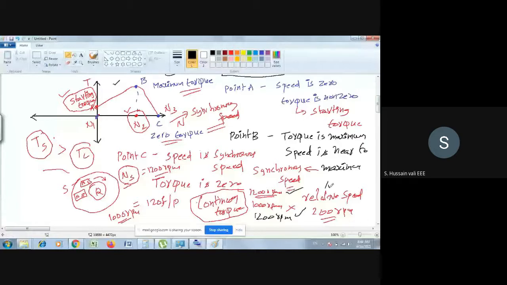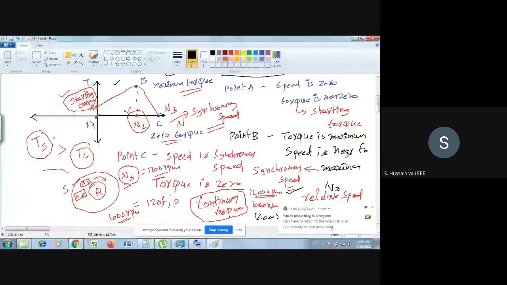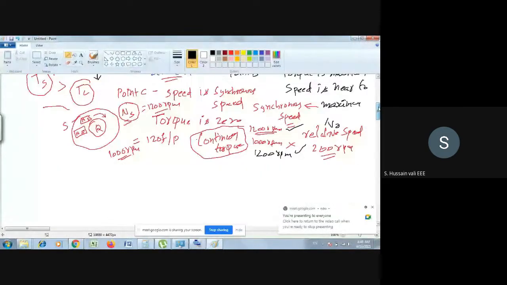There won't be any relative speed between both the poles. It means you don't find any torque production. The location of the poles remains fixed. No relative speed means it looks like stationary.